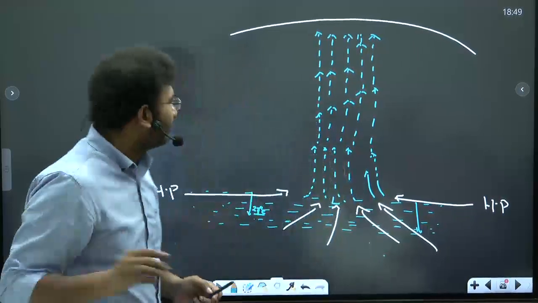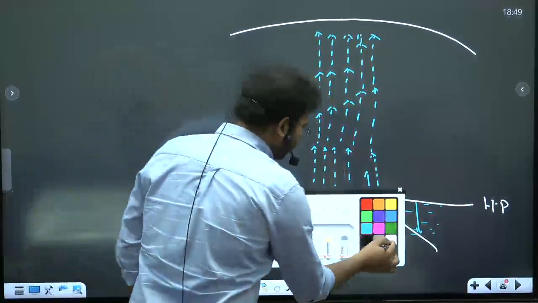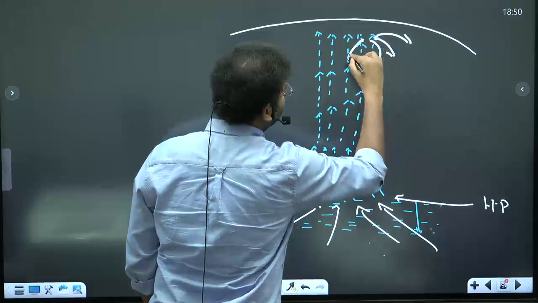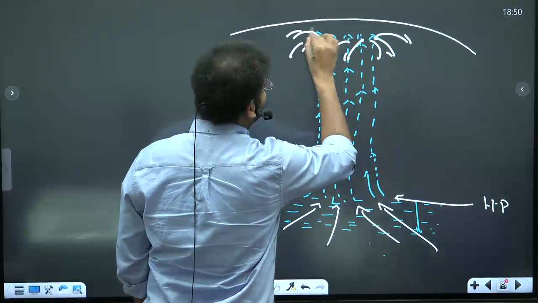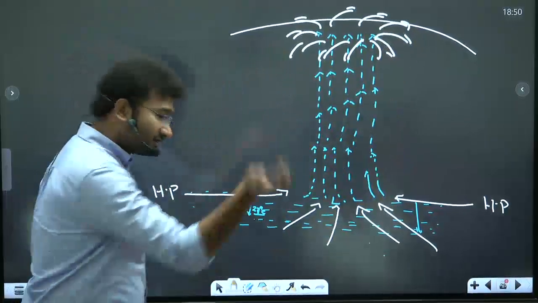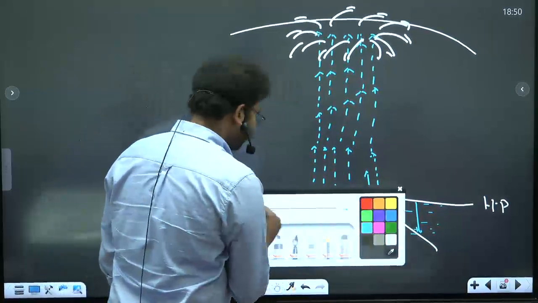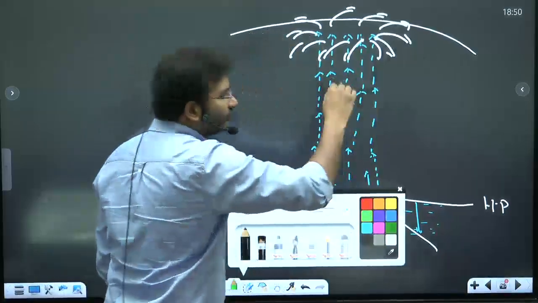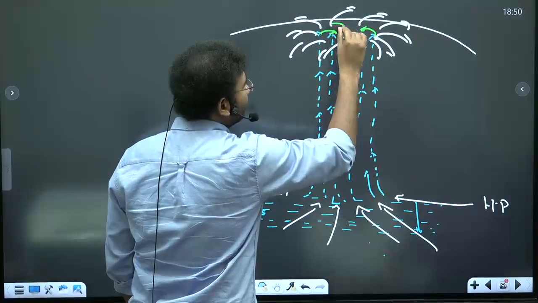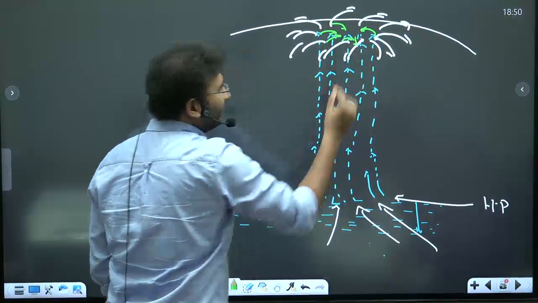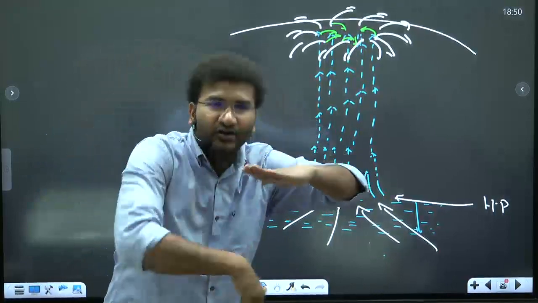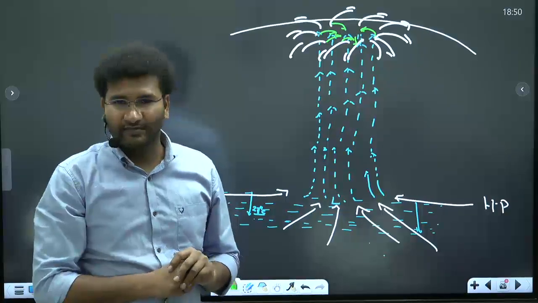So look here. This divergence which is happening, it is happening in every direction. Right? Some of the air is actually blocked by the tropopause, and here some air diverges inward also, and this air is now being blocked by the tropopause and forced to sink downward. Okay?